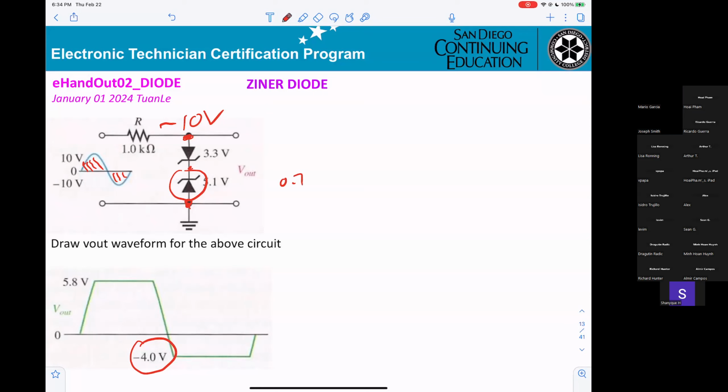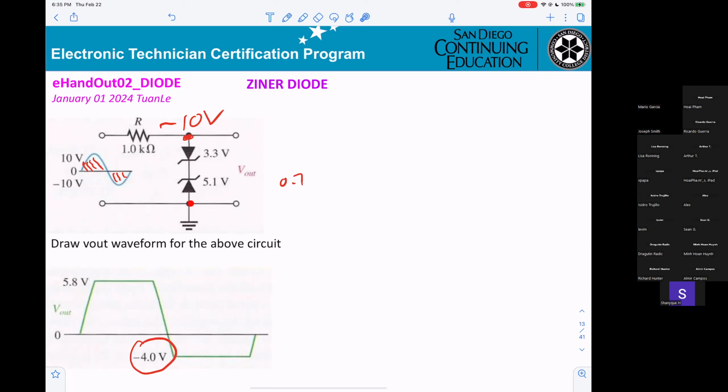On here will be positive, and that will be negative here, and negative here. So that will be negative. Let's see, minus 10.